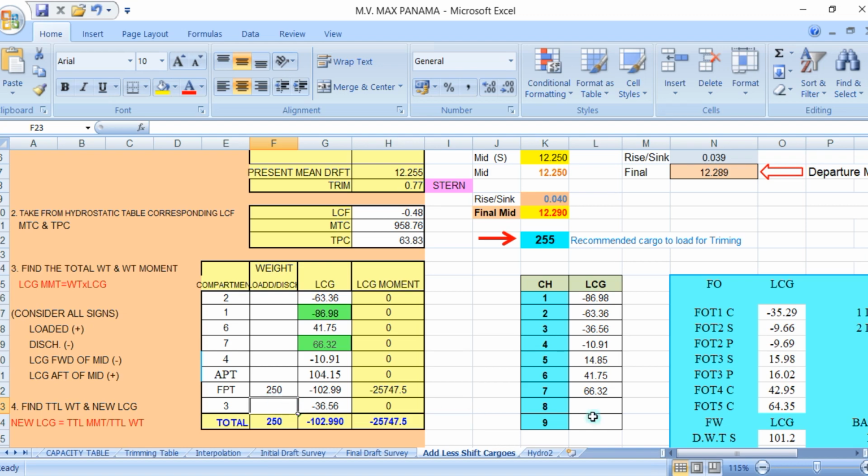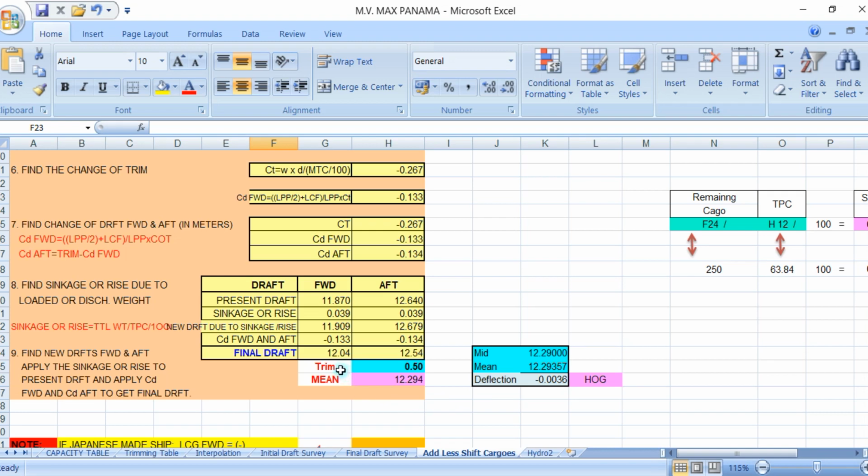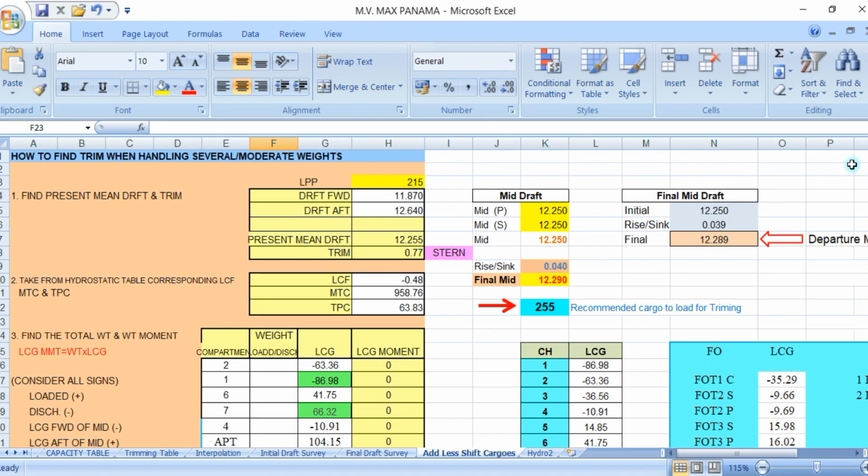So once you have loaded the forepeak tank with 250 metric tons, the final draft forward would be 12.04 and aft draft would be 12.54, and your mean draft is 12.29, and your trim is 0.50. If you make this as practice, you put your initial forward and aft draft and you will have a mean draft.